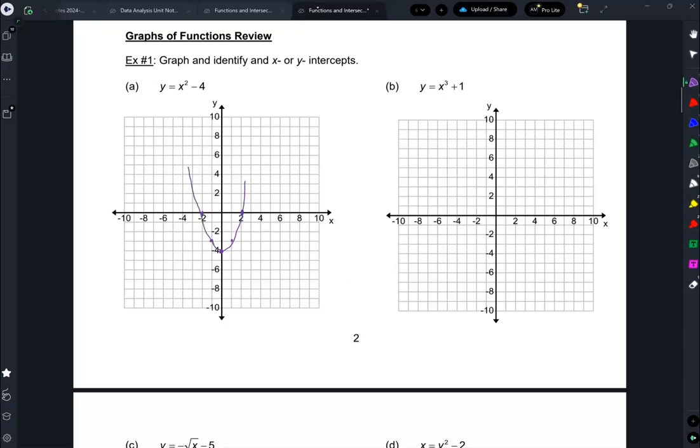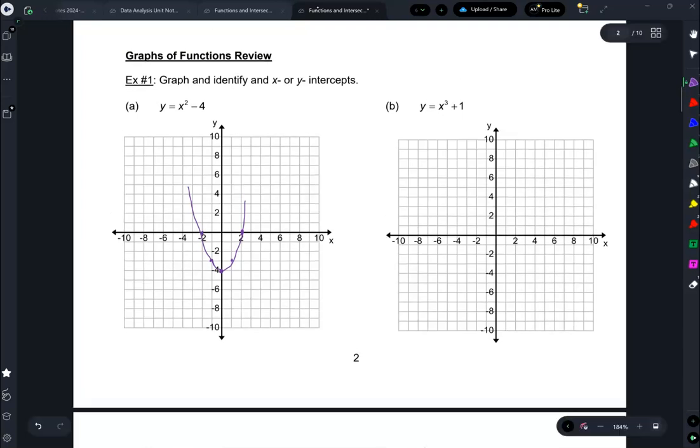And then it says to identify the x or the y intercepts, right? You should be able to do that using the function, and usually that will also guide you on how to graph this, right? So for the x-intercept, okay, we're going to do x squared minus 4 is equal to 0.